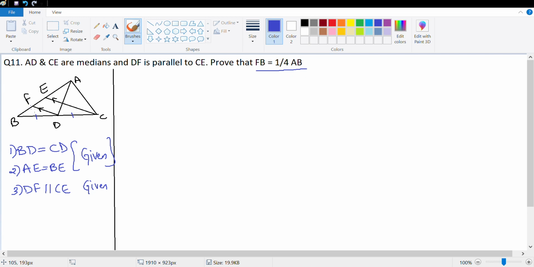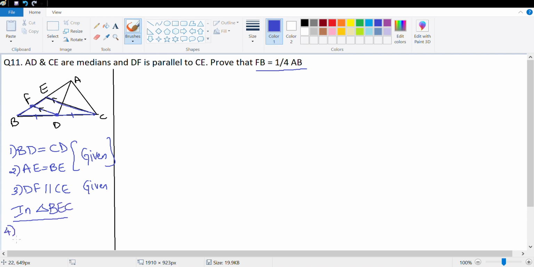I have a midpoint. F is the midpoint? No, F is not the midpoint. I have a midpoint which is D, right? And I have DF which is parallel to CE. So if I look at my triangle BEC, I can see one midpoint and one parallel line, which means I can prove that F is the midpoint of BE. So now let's start. In triangle BEC, what do I have?